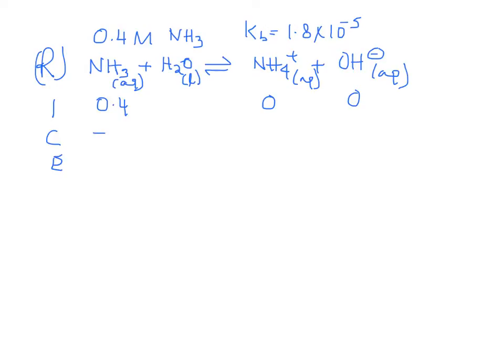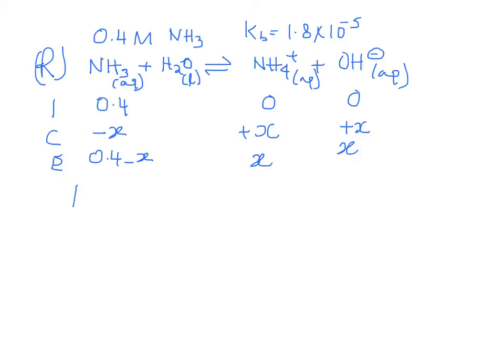And then you're assuming that if x moles are going to go through the dissociation, then x moles of ammonium and x moles of hydroxide will be generated, such that at equilibrium, what remains is 0.4 minus x. What gets generated of the ammonium is x, and what gets generated of the hydroxide is x as well.